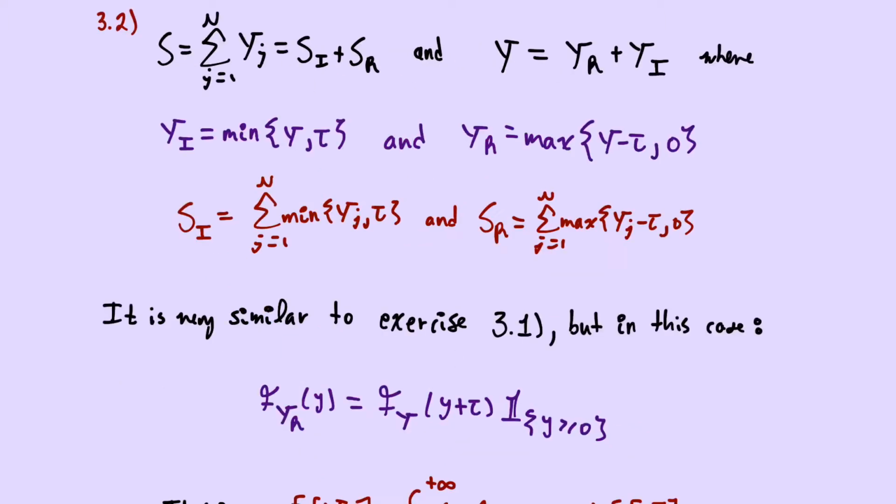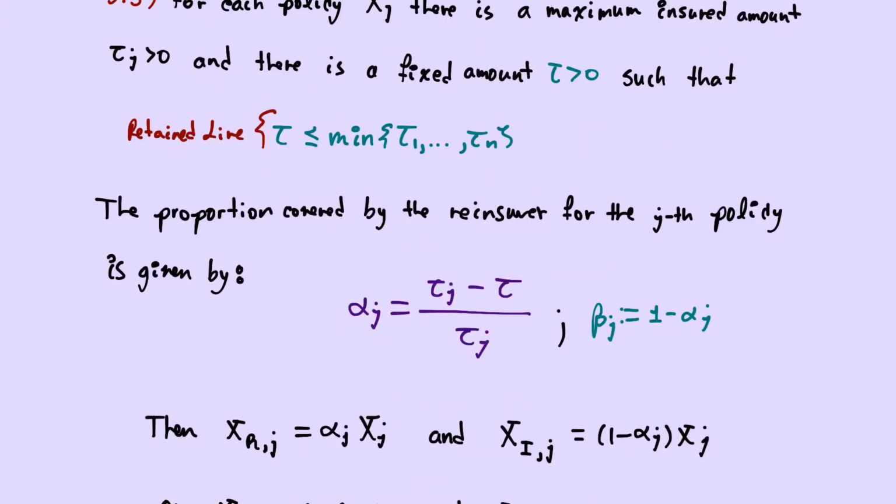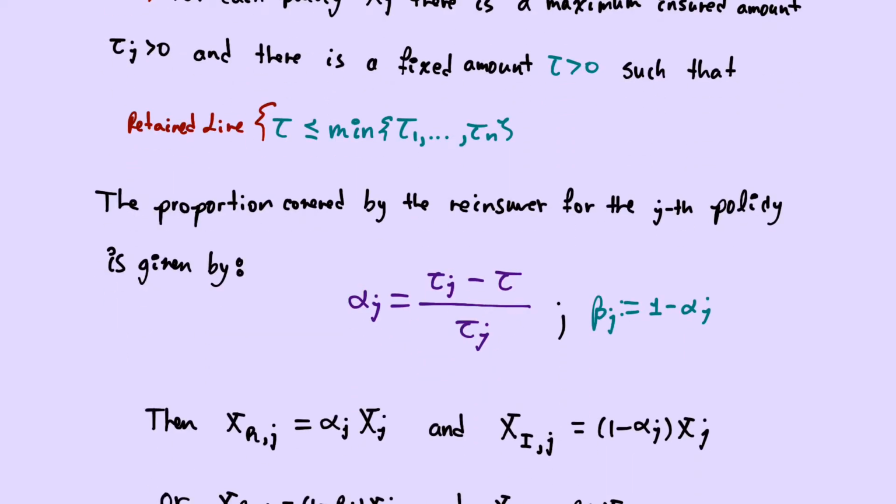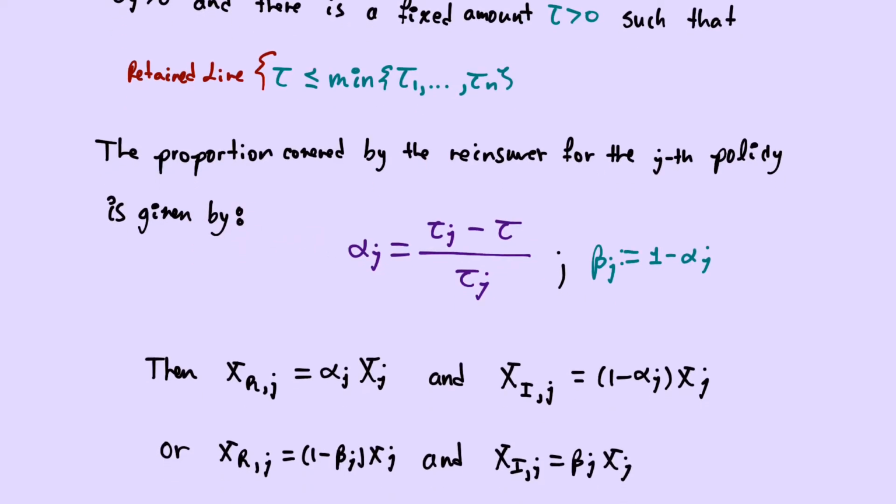Usually when you talk about this type of reinsurance, you define that the proportion covered by the reinsurance for the j-th policy is given by a number alpha_j, where j is the number of the policy, equal to (tau_j minus tau) over tau_j.